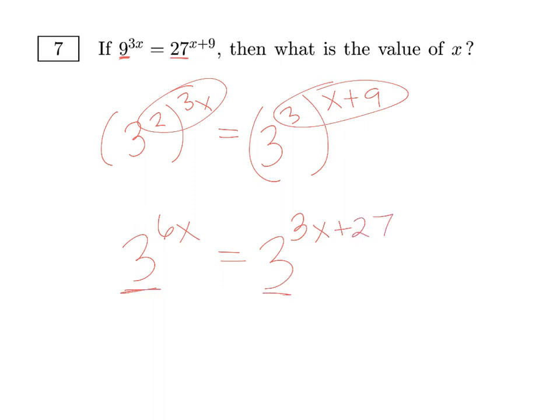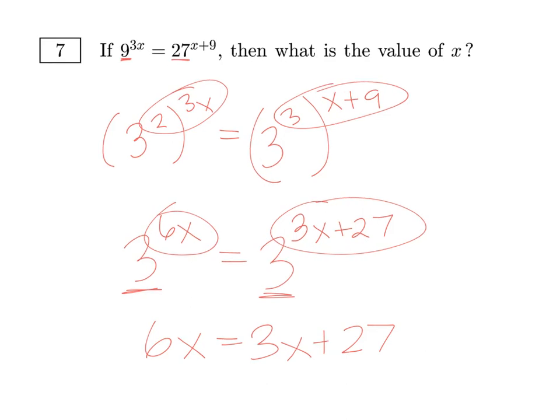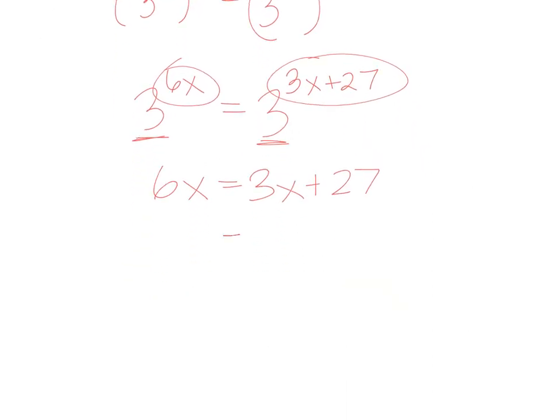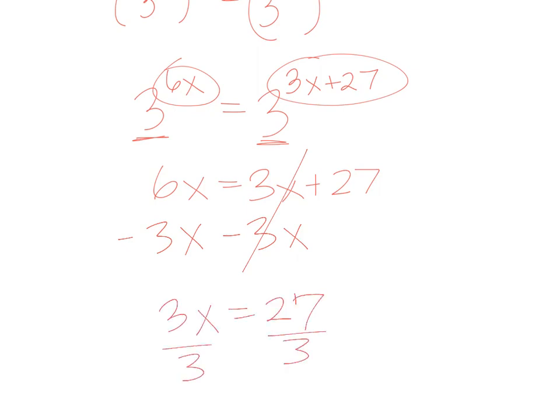All right, the bases are the same, so now I could set the exponents equal to each other. All right, now I subtract 3x. I get 3x is equal to 27. Divide by 3, and x is equal to 9. Done.